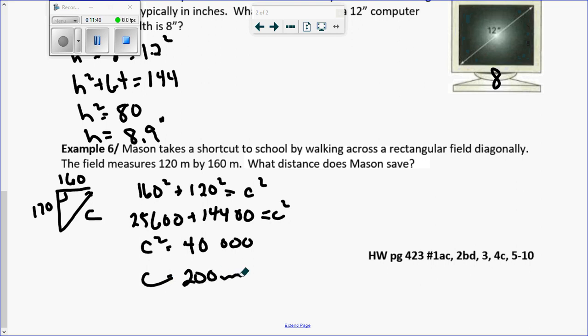So if he's traveling 200 meters across the diagonal, 160 plus 120 minus 200 equals, what is that? 280 minus 200, 80 meters.